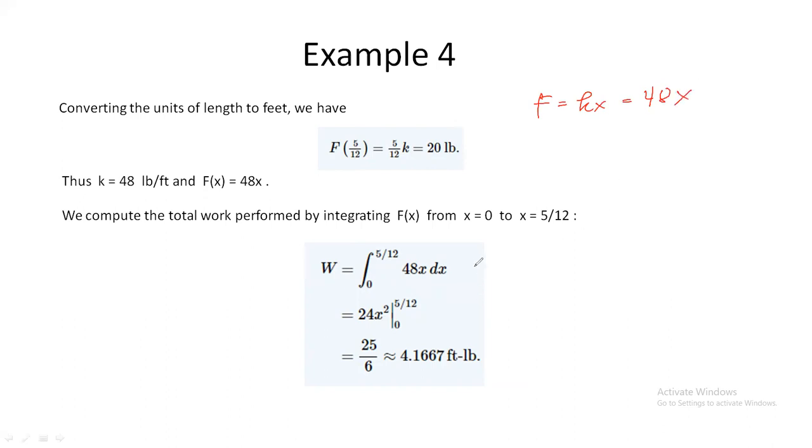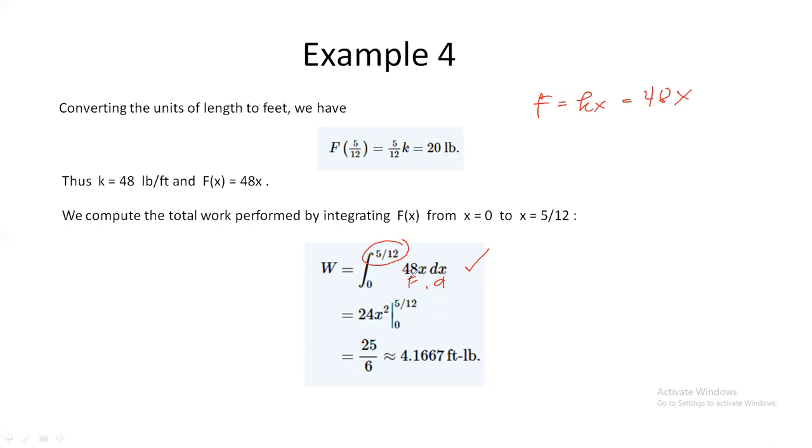And then you use this particular formula in determining spring work. So 48x is your force and this is your displacement. Your limit will be from 0 to 5 over 12. This is the change in the length of the spring, from 0 change to 5 inches, or 5 over 12 feet, change in the length.